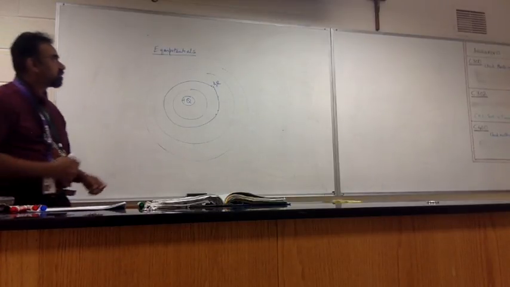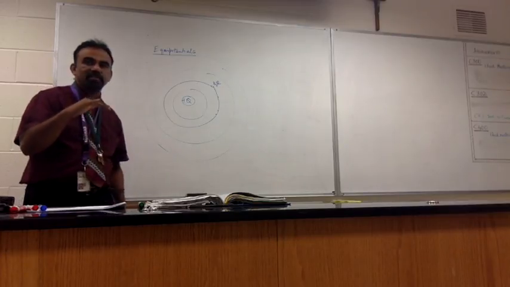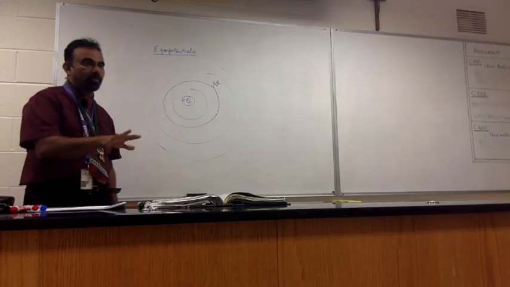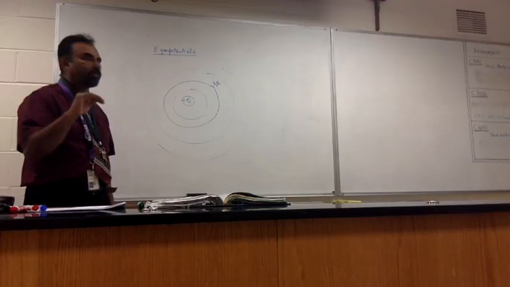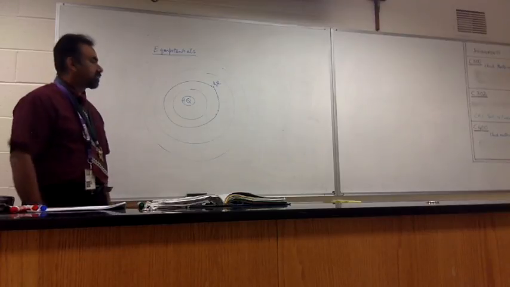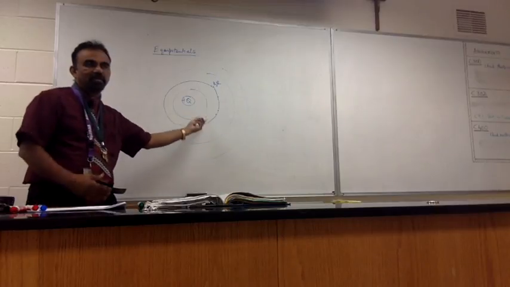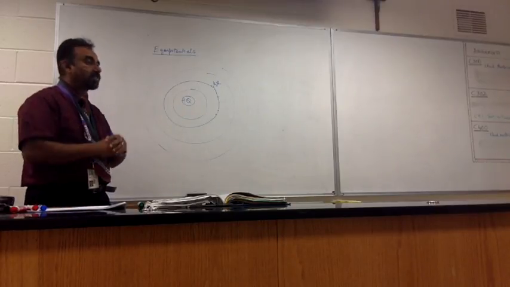So what is an equipotential line or a surface? It is the locus of all the points having the same potentials. Locus means connection. On a two-dimensional plane, you'll see it comes out as circles. On a three-dimensional format, you'll see a spherical surface.